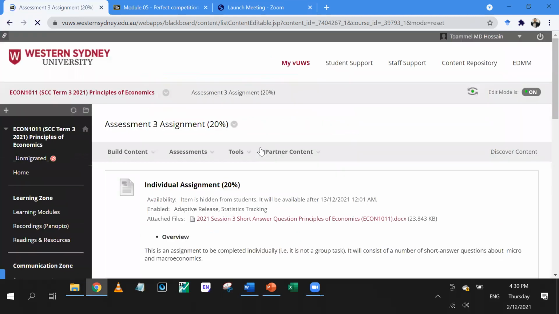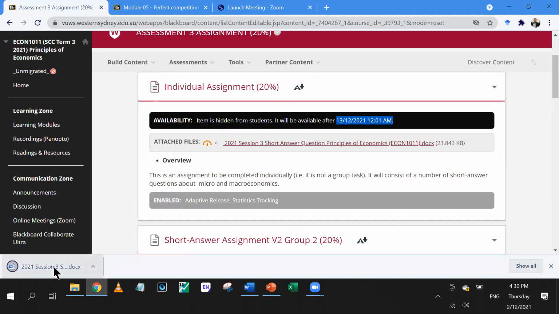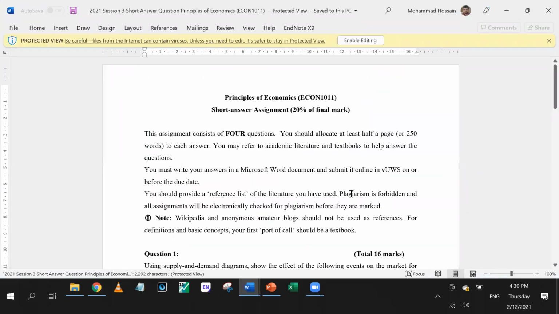Assignment. I think this will be available to you from the 13th of December, for 1 week. Here is our assignment, you can see. The assignment consists of 4 questions.